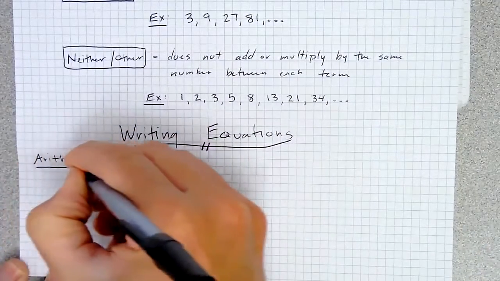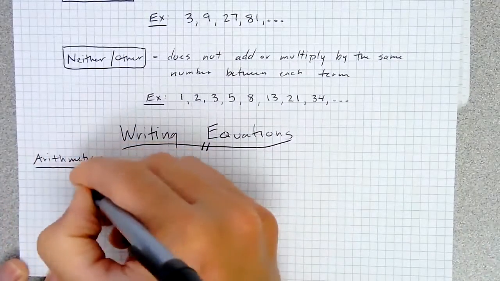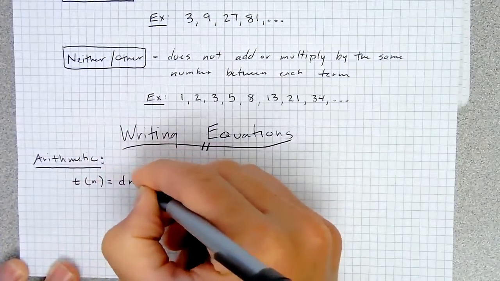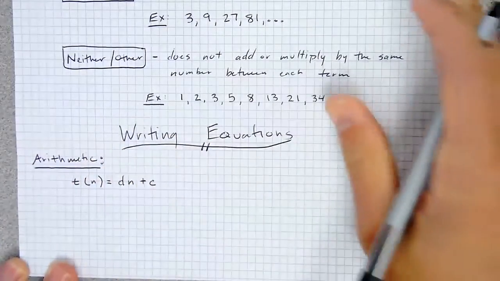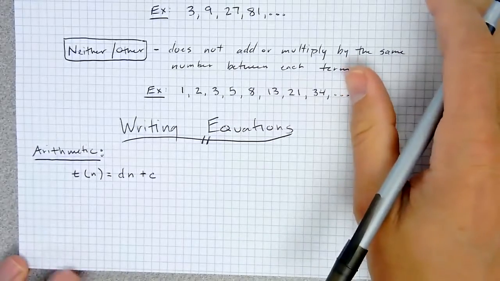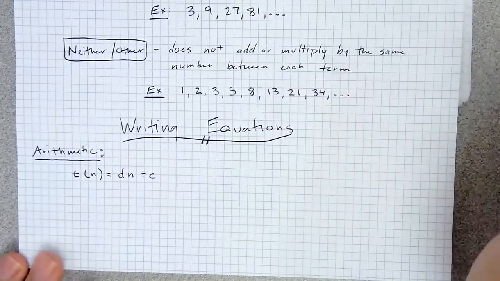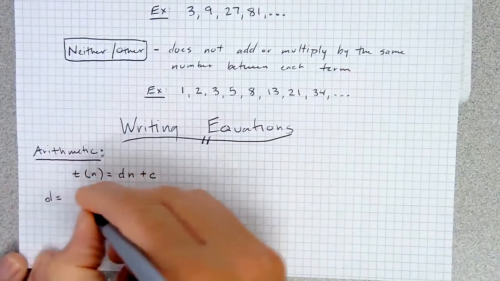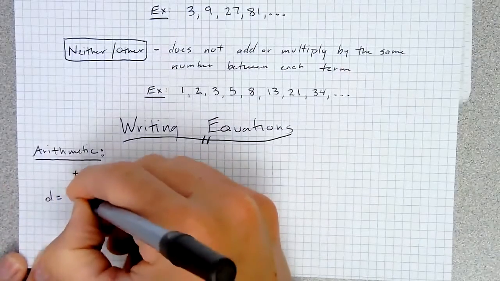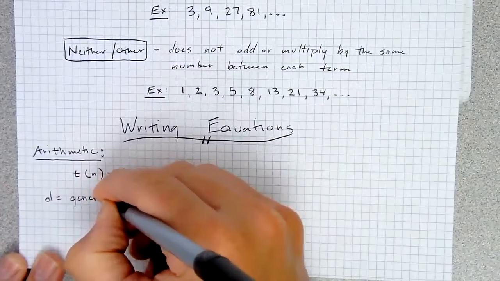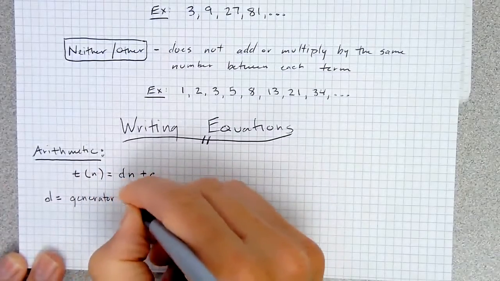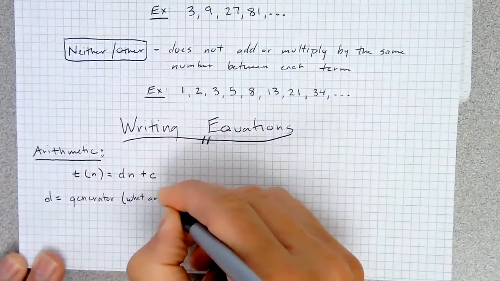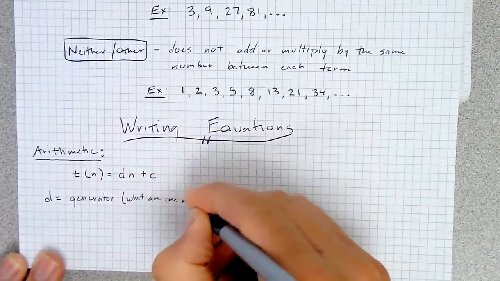So for arithmetic, our equation is T of n equals dn plus c, where d is what we call our generator, what are we adding?